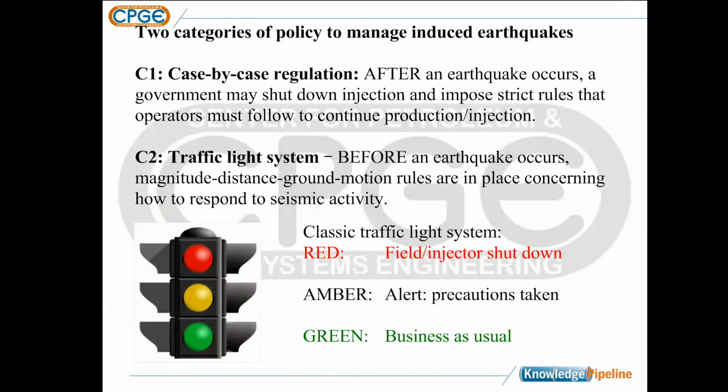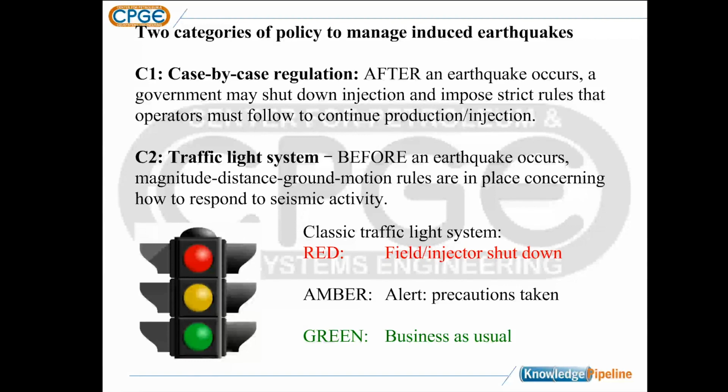Now, I'm going to shift gears and talk about a couple of matters of policy. There are 2 approaches that governments use to regulate induced earthquakes related to injection.